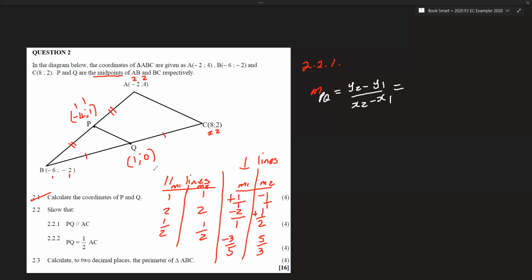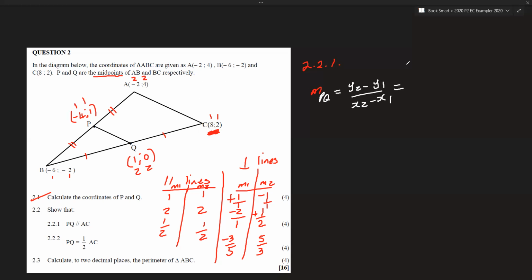So this will be my ones. Those will be my twos. Sure. And then for AC, because I have 2, so I'll just change one of them. I'll change this to my ones now. Does not matter. You could have changed that one to your ones, but one of the points must be your ones. The other one must be your twos. Okay. So let's go back to finding the gradient of PQ now.